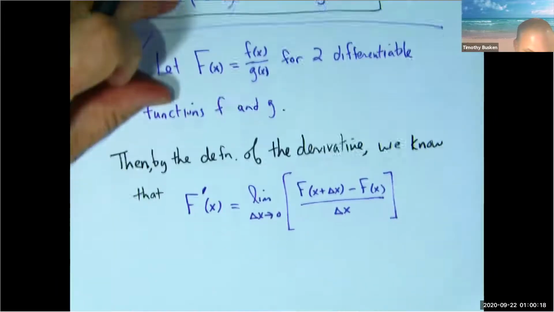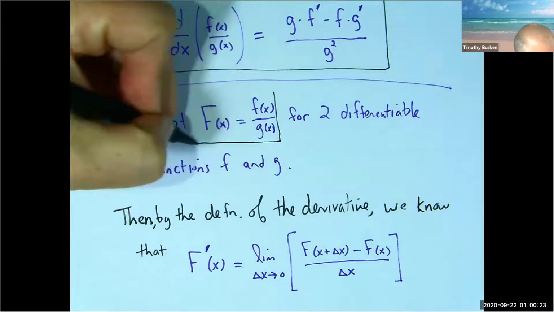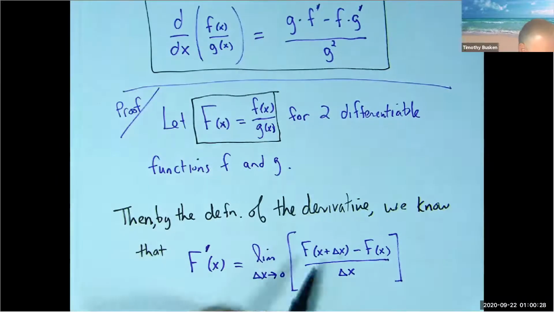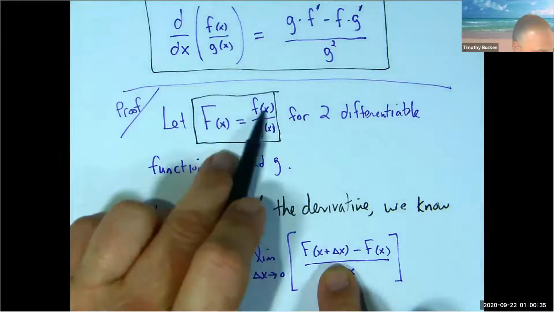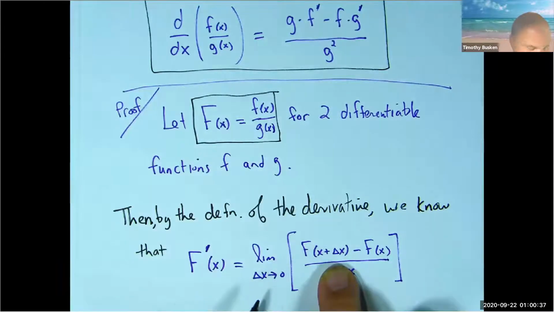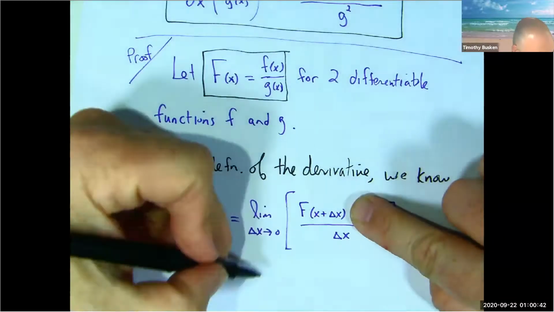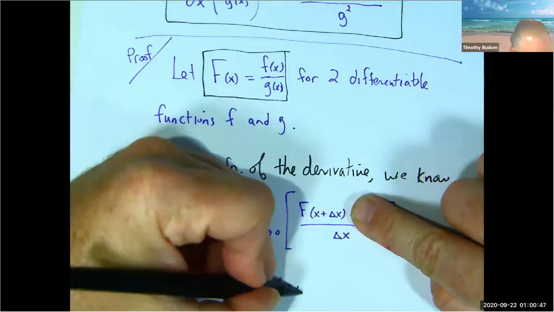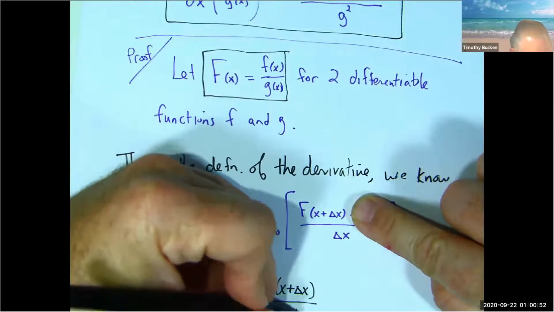So now let's go ahead and expand that. All right, so keep in mind we've defined big F to be little f over g. And so what does that mean that F of x plus delta x is? Well, remember, you just have to replace the x in this definition with x plus delta x. So this first piece right here is going to be nothing more than f of x plus delta x divided by g of x plus delta x.